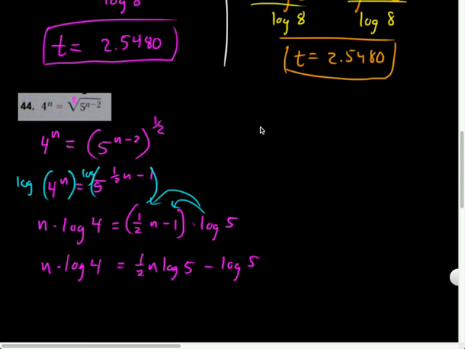In this case, I wouldn't just divide both sides by log 4 because I have to get the n's together first before I can do anything like that. So I'll subtract a half n log 5 from both sides.